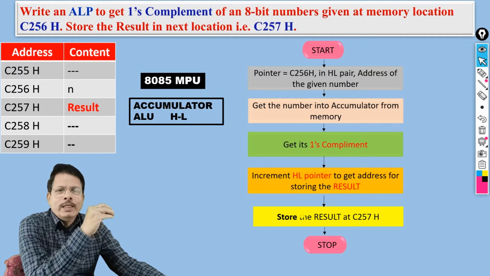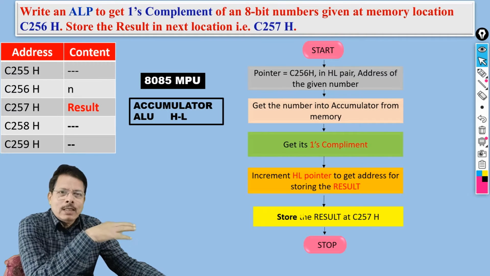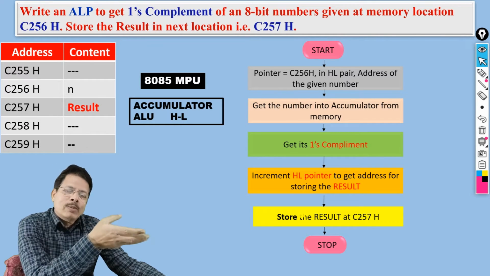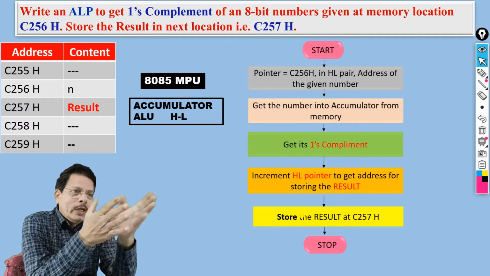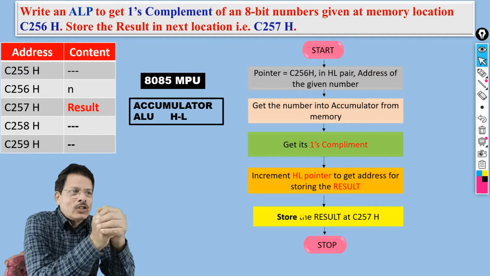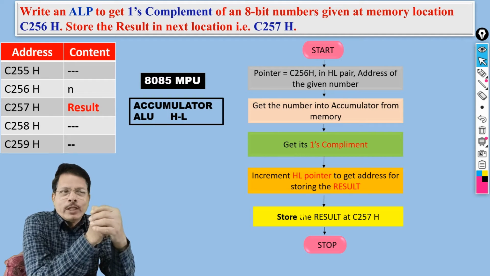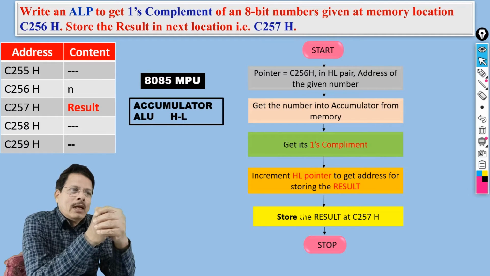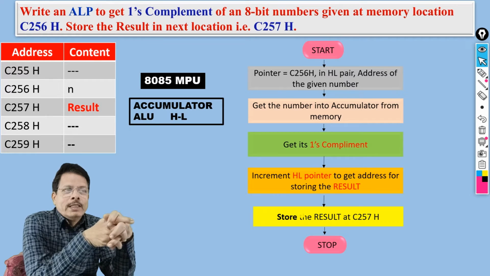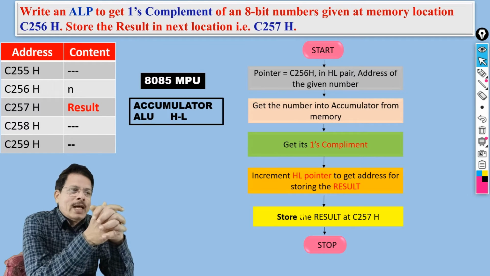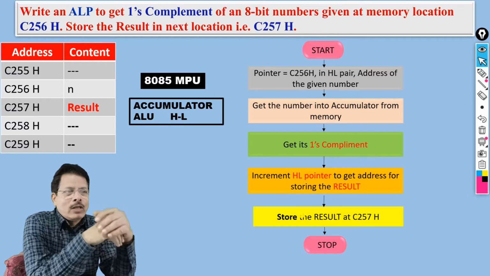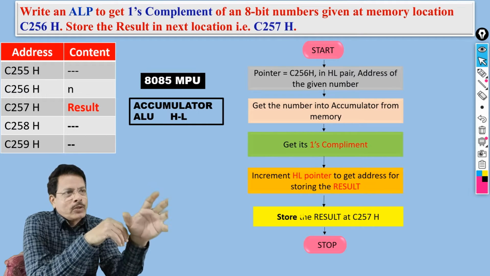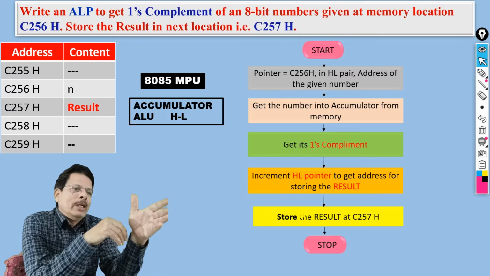And it is very easy to get the address of the next memory location when the pointer is initialized. So increment the HL pair, use that instruction to get the address for storing the result, and then store the result using the appropriate instruction, and then stop. So this is the nature of the total process, and it is described by the flowchart.